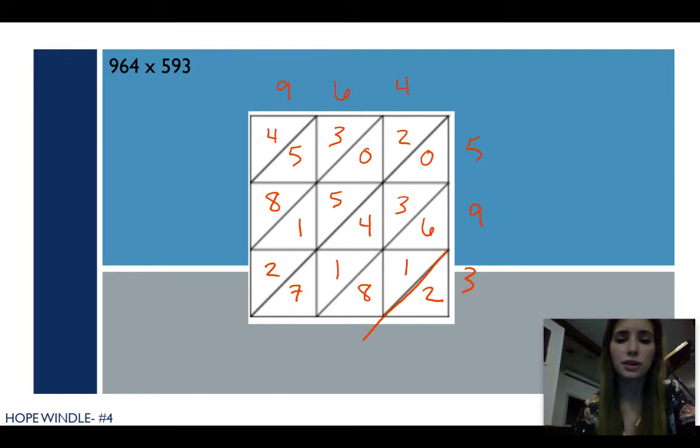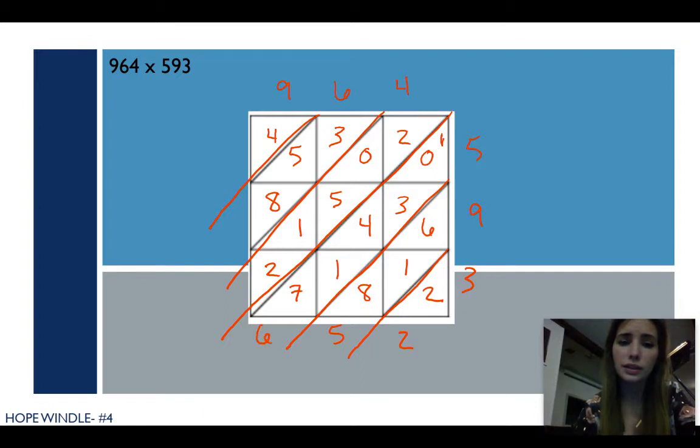So again, let's go ahead and draw our separations here, that way we don't lose track of which numbers we're adding together. And drop our 2. We're going to say 15, carry 1, 8, 9, 16, carry 1, 8, 9, 10, 11. Oh, we got to carry this 1 too.